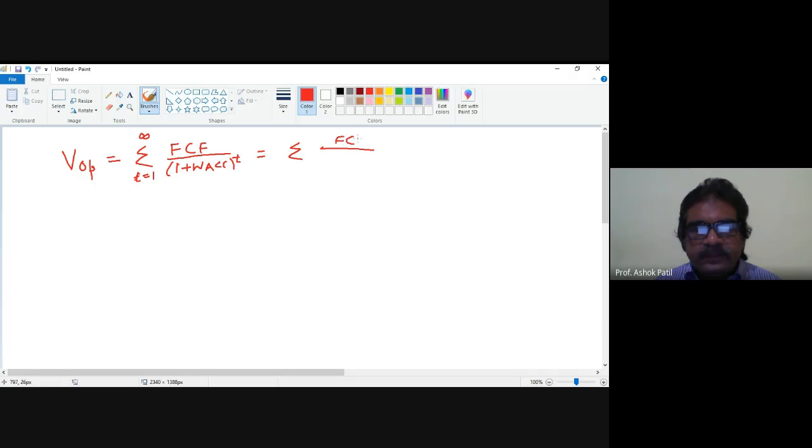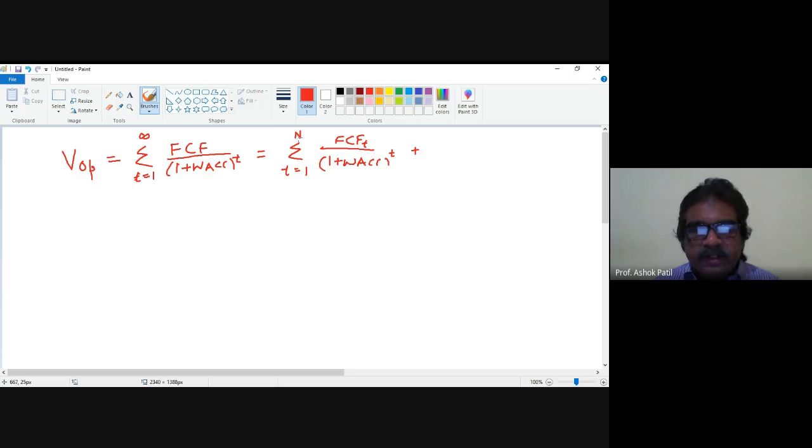That I can write this as the summation of FCF T divided by 1 plus WACC raised to T, where T is equal to 1 to some period, capital N, let's say, and the remaining is the remaining period, right?